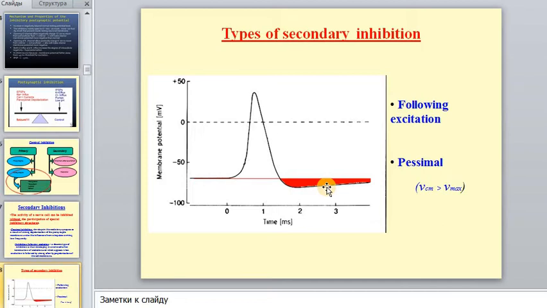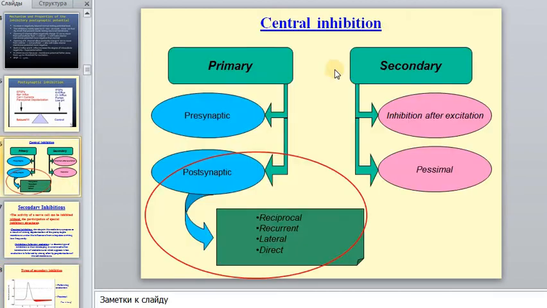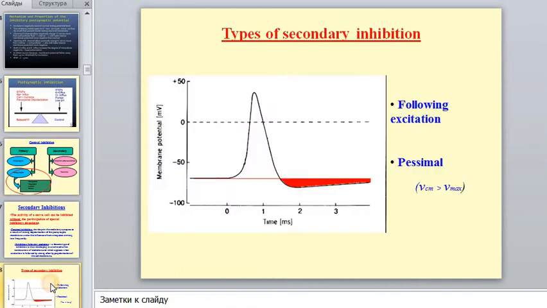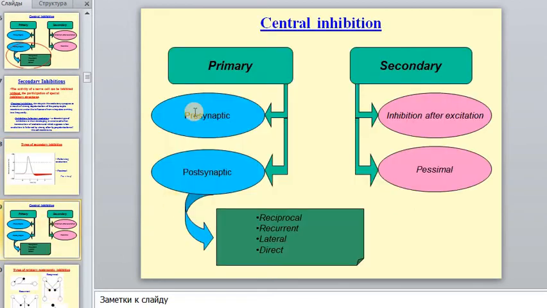For primary central inhibition, we have two kinds: presynaptic and postsynaptic, and we have some kinds of postsynaptic inhibition, and we will discuss this now.